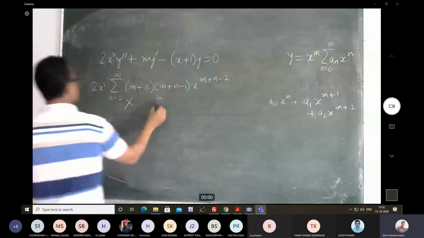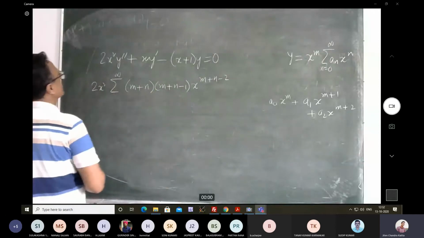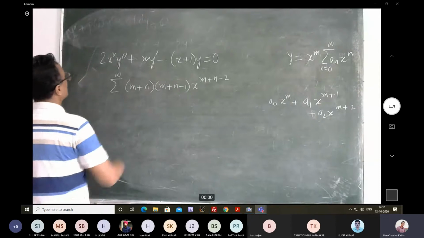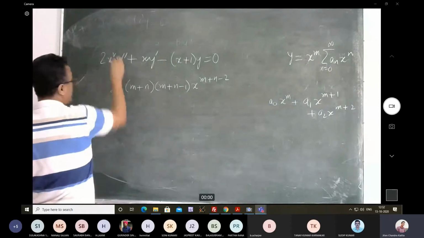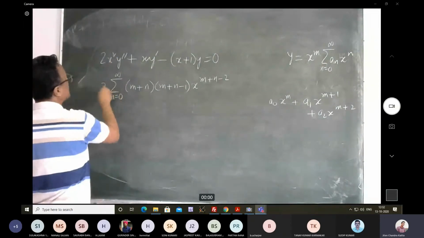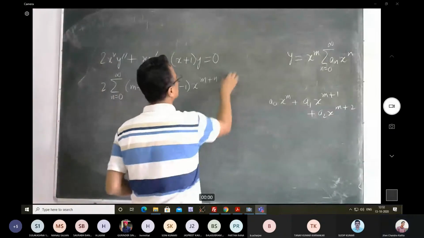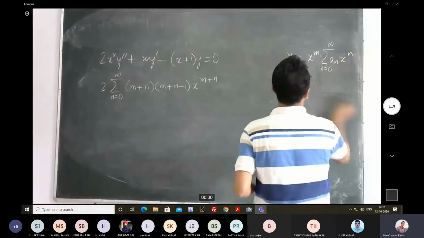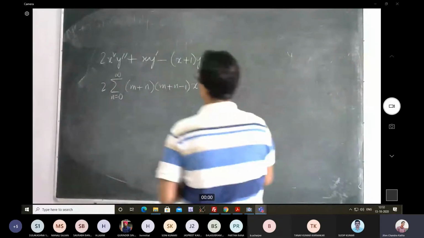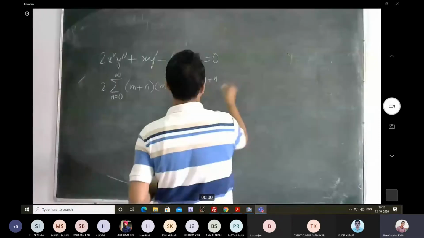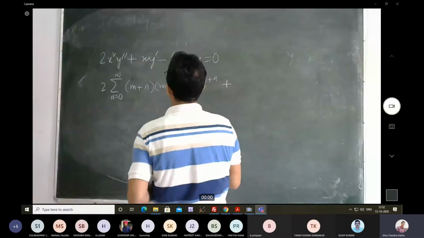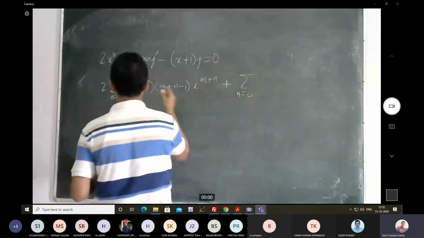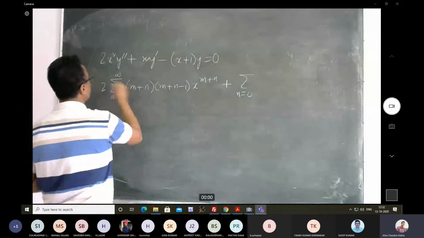Because we already know that, I'm going to directly substitute all this stuff. Now if you multiply it by x squared, definitely this minus 2 is going to go away. Again here, I missed one term, this an.